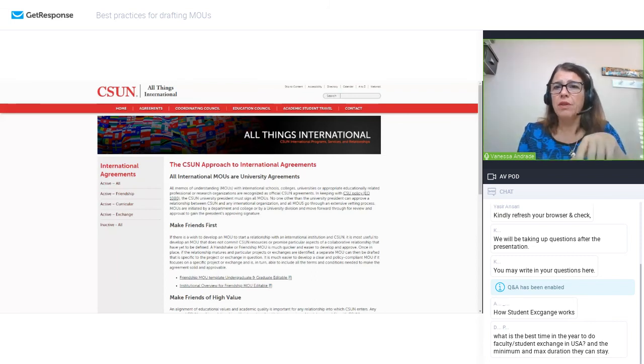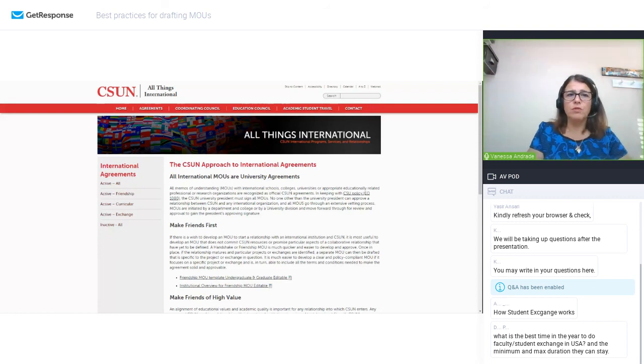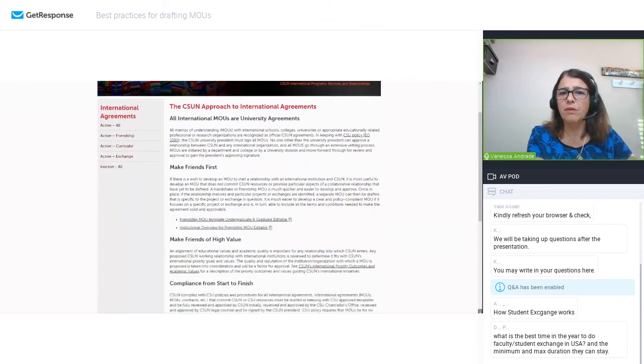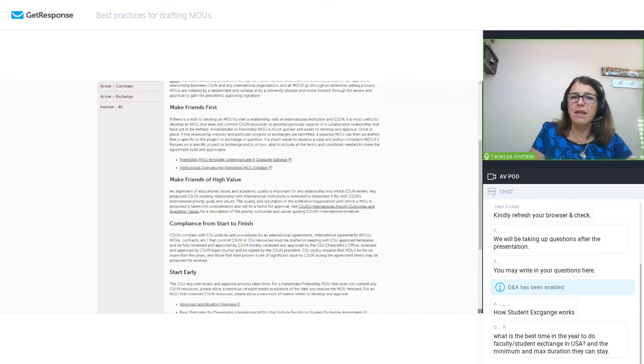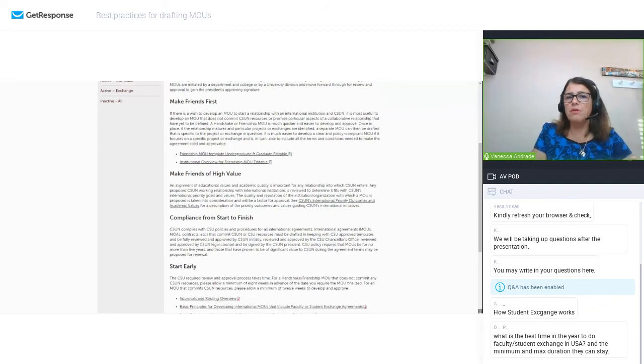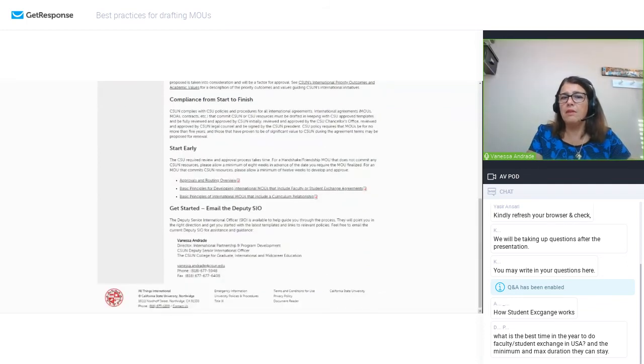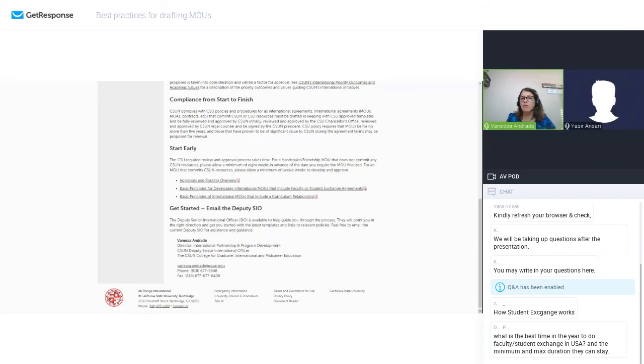And then we have the All Things International page, which shows our active and inactive international agreements, all friendship and curricular exchange agreements, a description of what we consider international agreements, what I meant about the friendship template, and what we require, and why we say make friends first, and then the compliance with the MOU, approvals, and the routing, and simple and basic templates and principles for developing the faculty or student exchange, and the ones that include curricular exchange.